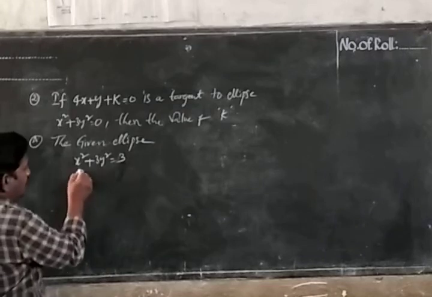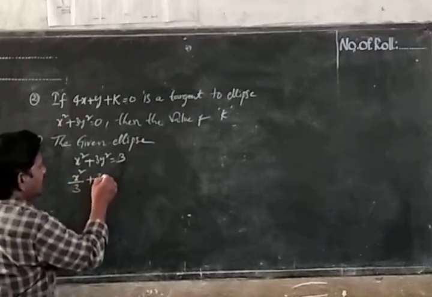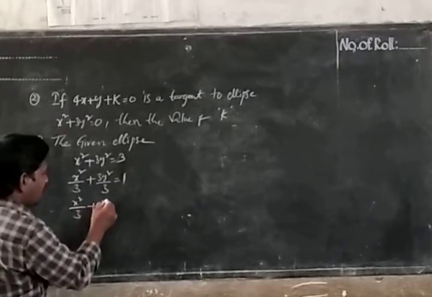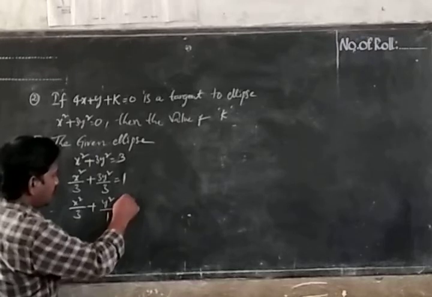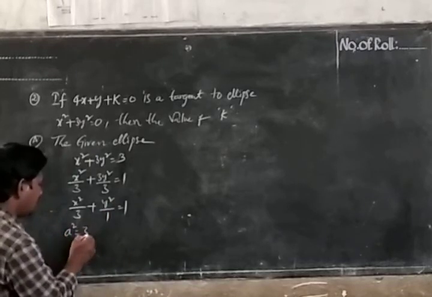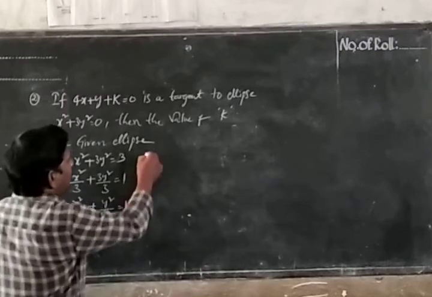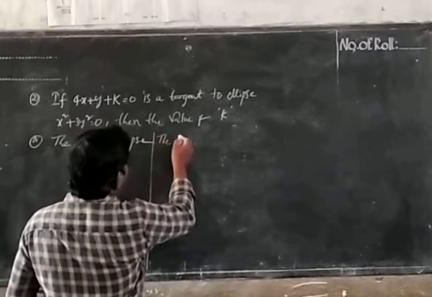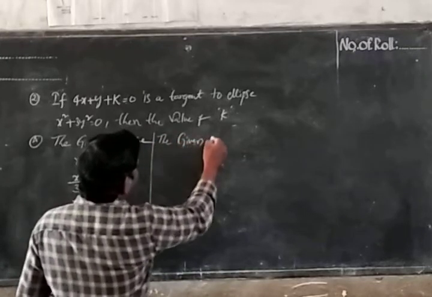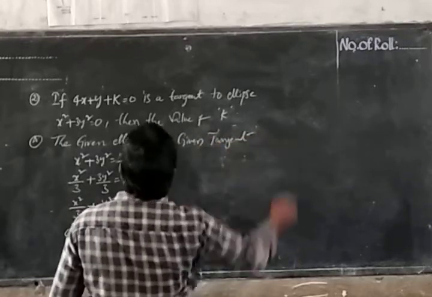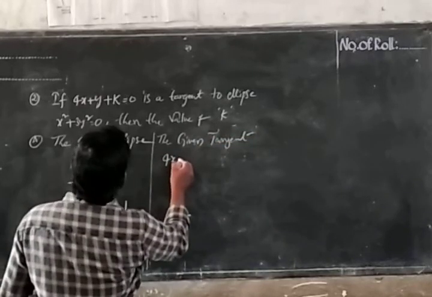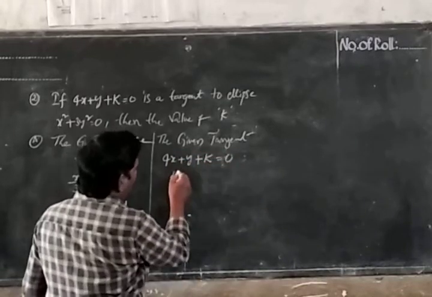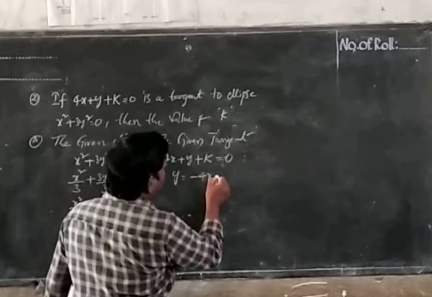Dividing by 3: x square by 3 plus 3y square by 3 equal to 1. Then x square by 3 plus y square by 1 equal to 1. So here a square equal to 3 and b square equal to 1. Now the given tangent 4x plus y plus k equal to 0, so y equal to minus 4x minus k.